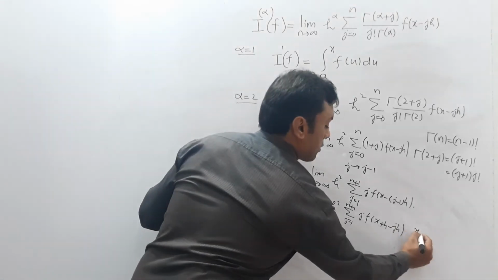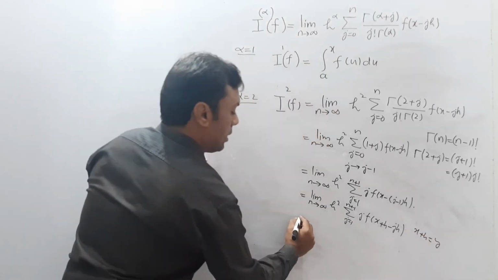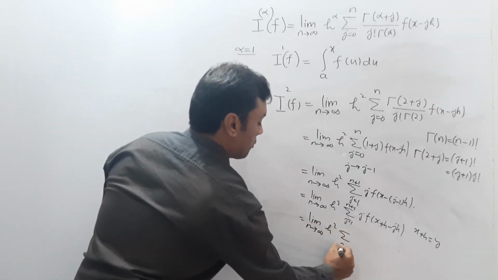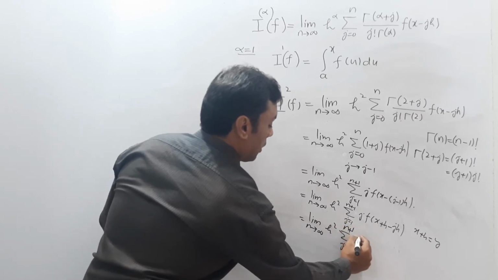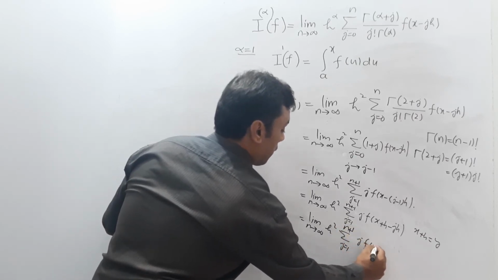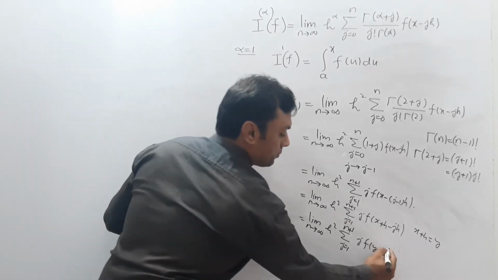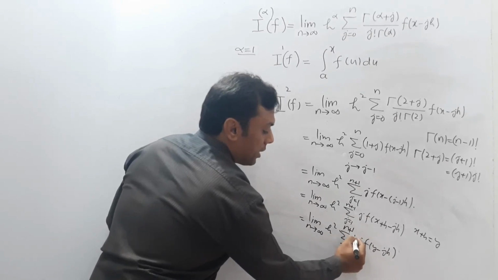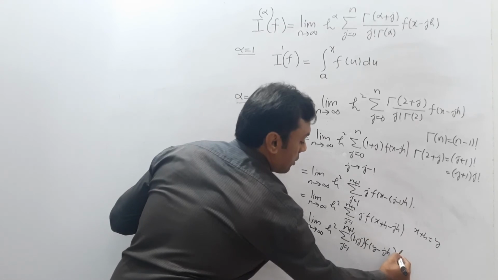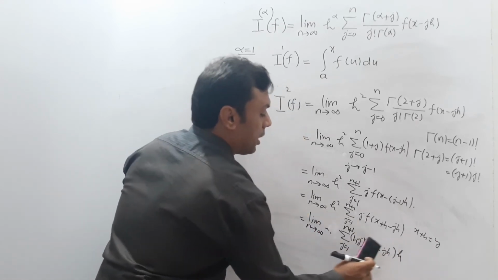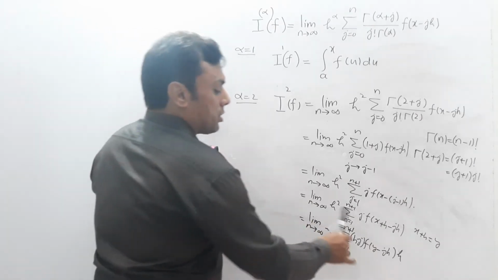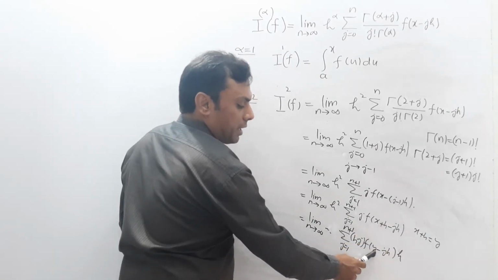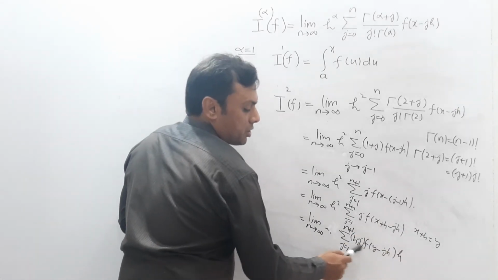If I replace x plus h by some variable y, this becomes limit n tends to infinity h square summation j from 1 to n plus 1 of j f of y minus jh. The h square is outside. I put one h here and one h here, and now again using the Riemann integration, this is f of y minus u.